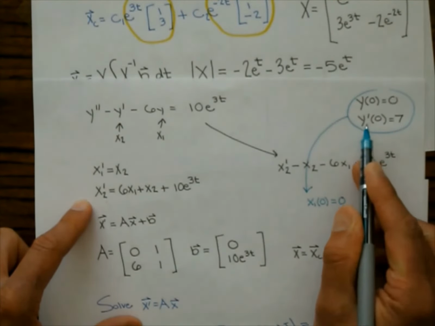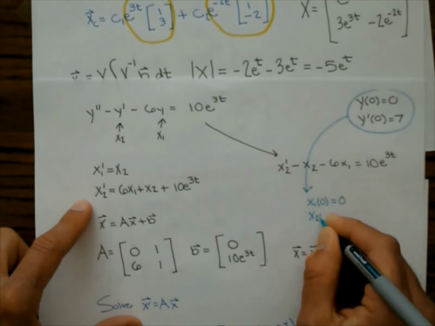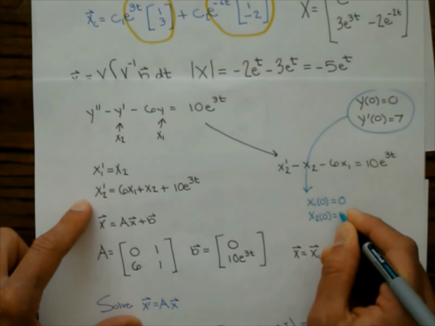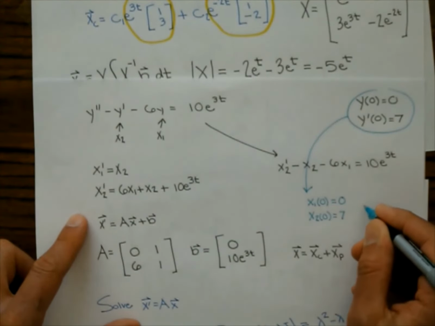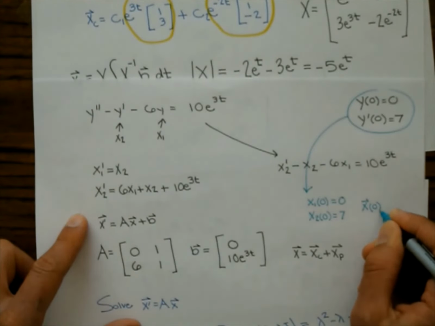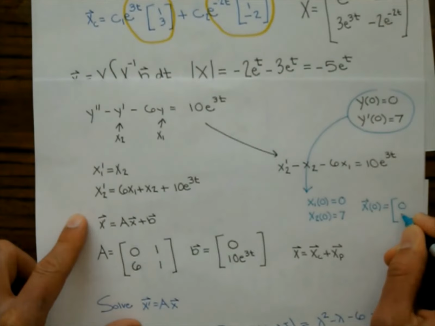And then y prime is really x2. So this is x2 of 0 is 7. But they really could have gone like this. They could have said x bar of 0 is the vector 0, 7.